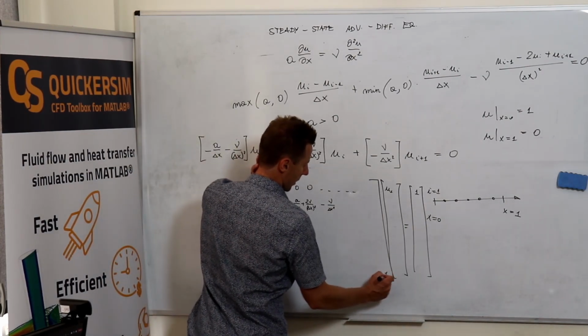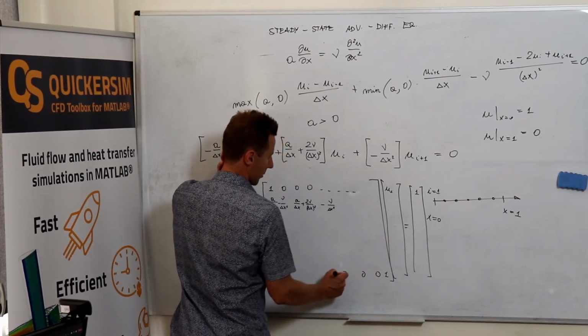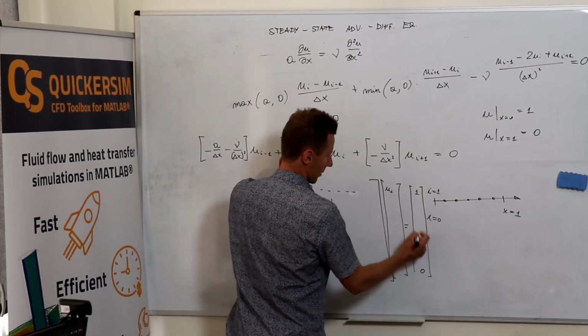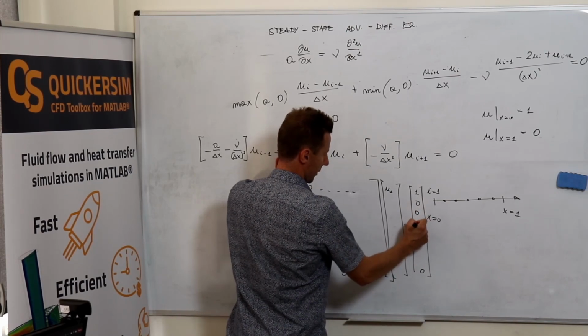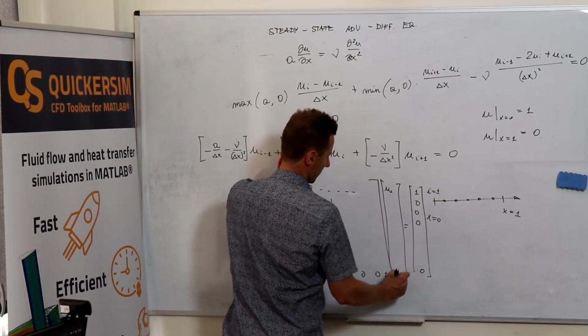Obviously here 1, many zeros, here 0, zeros everywhere here. That's UN.